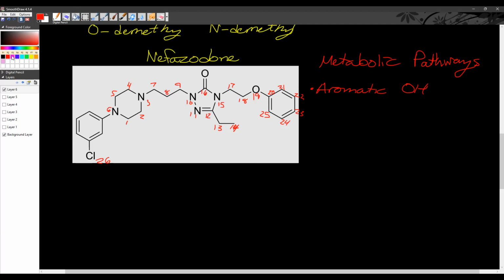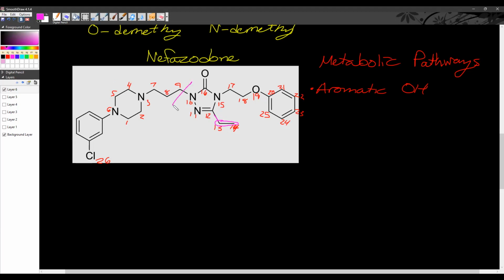We can identify that we have this ethyl group here, but is this ethyl group bonded to a nitrogen directly? No. So in this case, N-dealkylation is not possible, but if we had it over here, it totally would be. So it needs to be directly connected to the group.